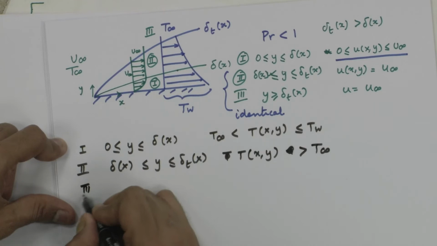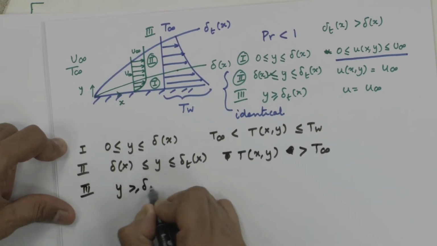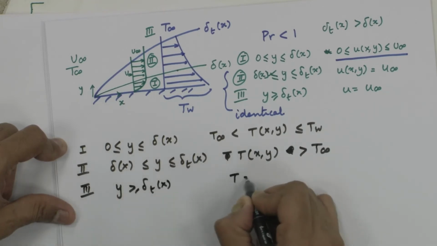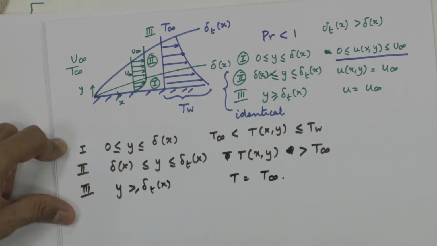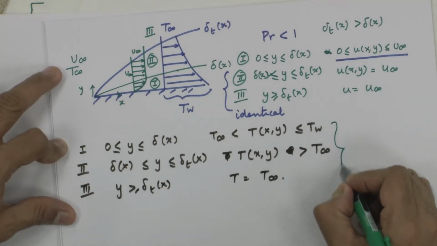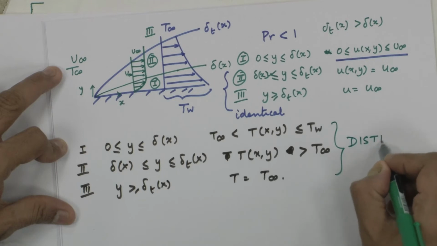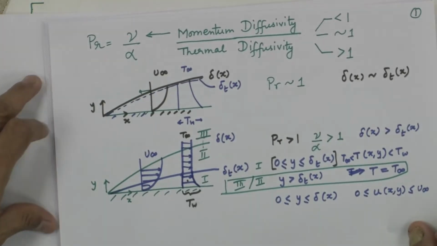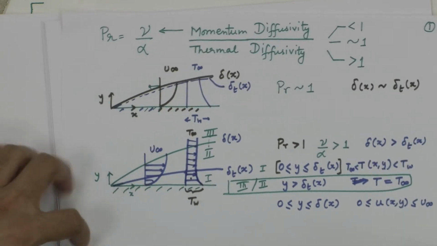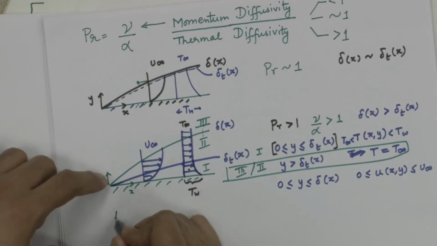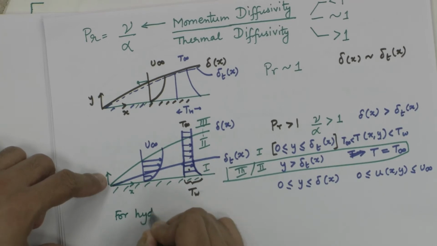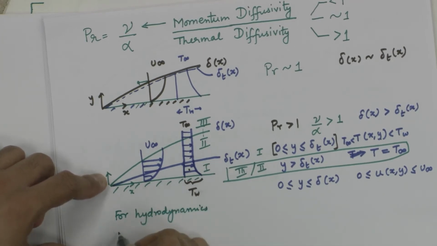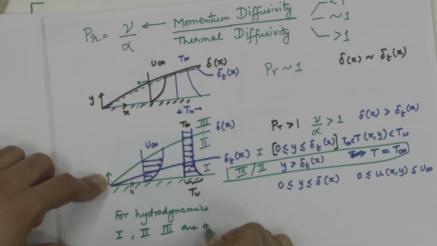And finally, in region 3, y greater than delta t of x, T equal to T infinity. So, all three regions are distinct, whereas here in Prandtl number greater than 1 case, for hydrodynamics, 1, 2, 3 are distinct.